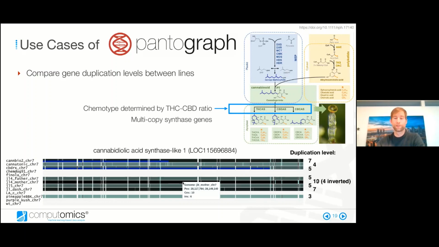And for this sample here with the 10 duplications, you can also get from the tooltip that 4 are inverted. So they are switched around, basically. So that can also aid in linking duplication levels, maybe to metabolite concentrations or other phenotypic traits.